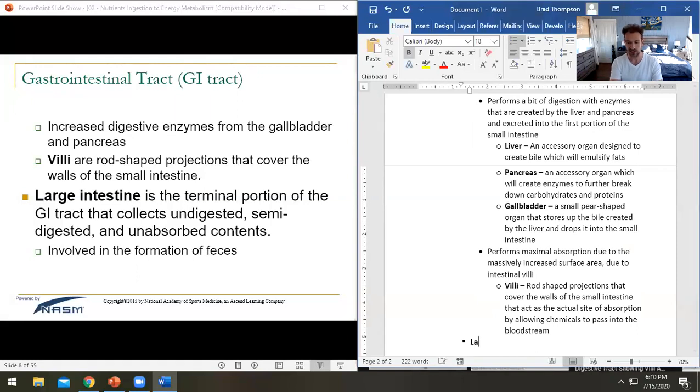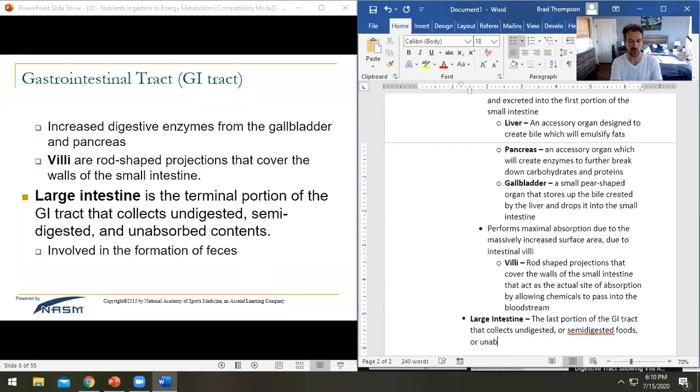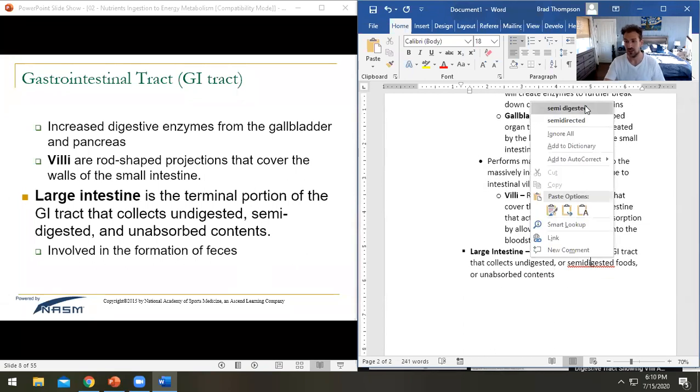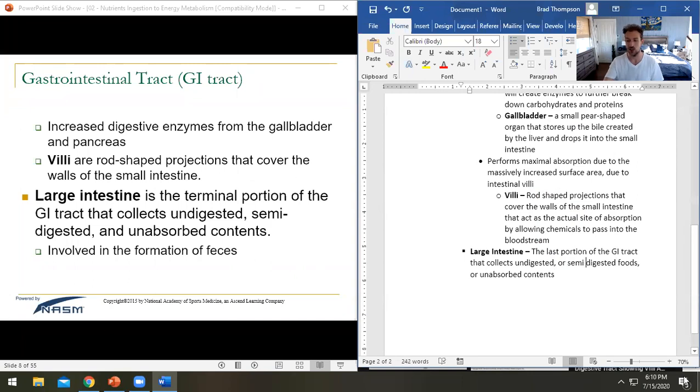And your large intestine is the terminal, the last portion of the GI tract that collects undigested, semi-digested foods or unabsorbed contents. So if something wasn't food, for instance, you have things like fiber in your diet, right?